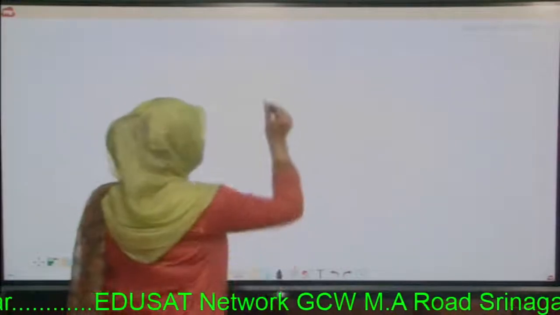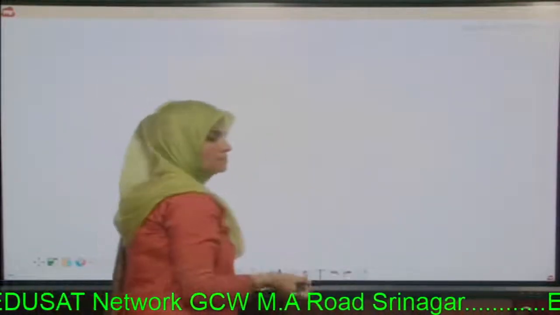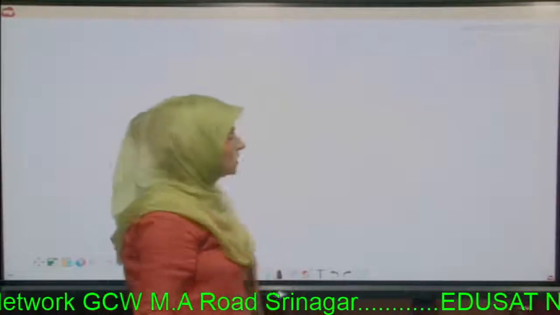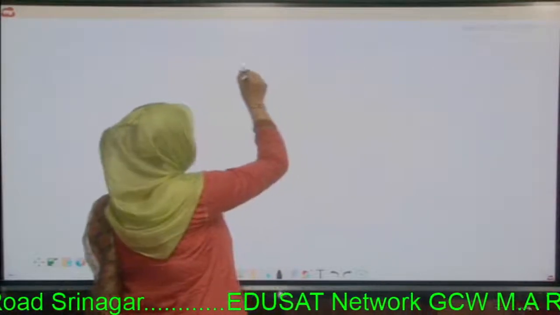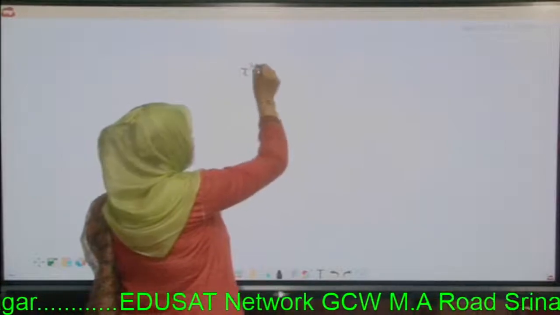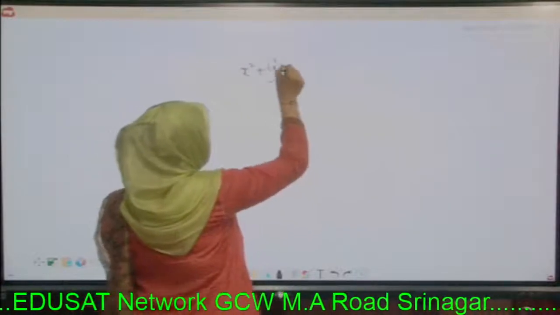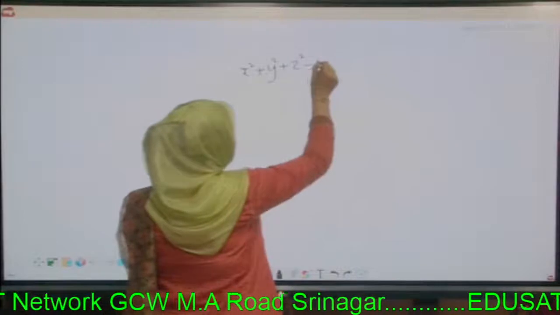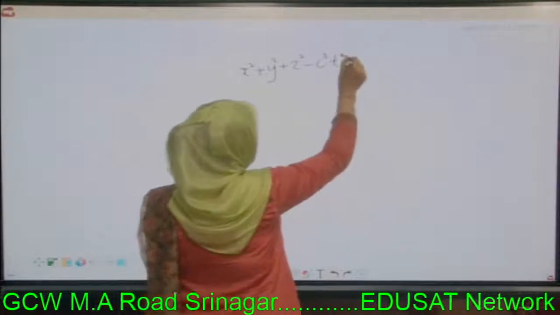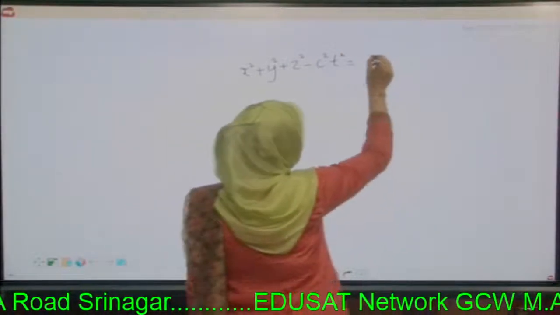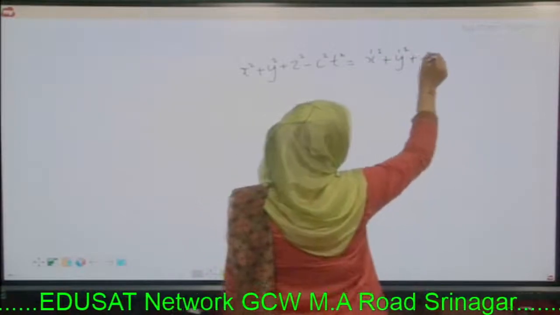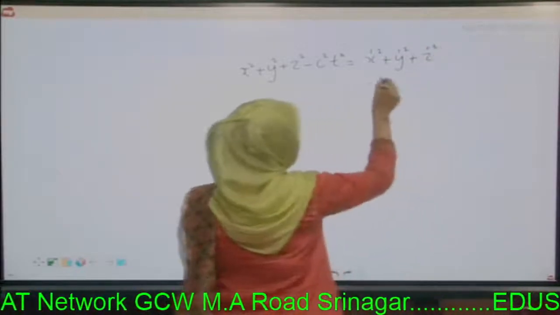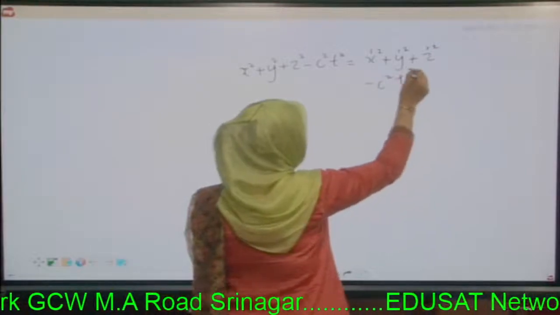Now again we'll go to the light signal that we are intending to observe as an event in these two reference frames. So again we'll write the equation that x square plus y square plus z square minus c square t square is equal to x' square plus y' square plus z' square minus c square t' square, right?